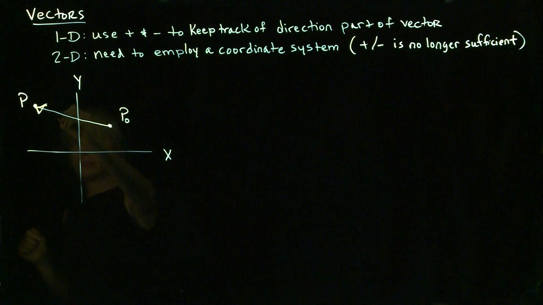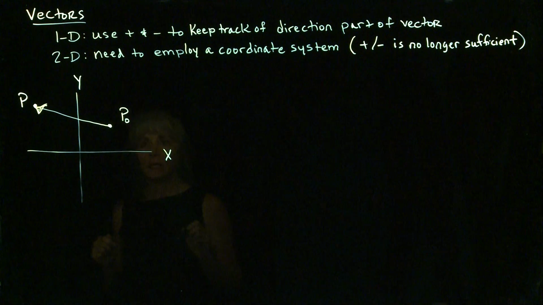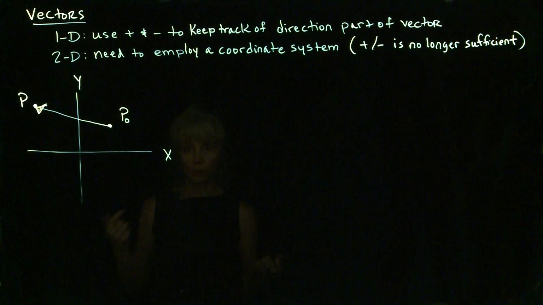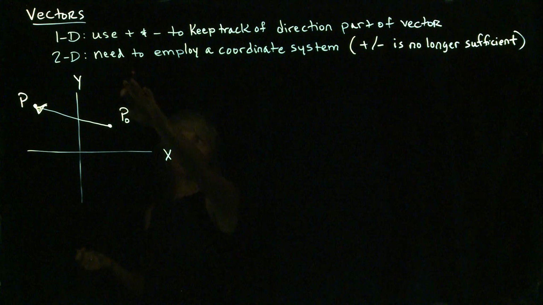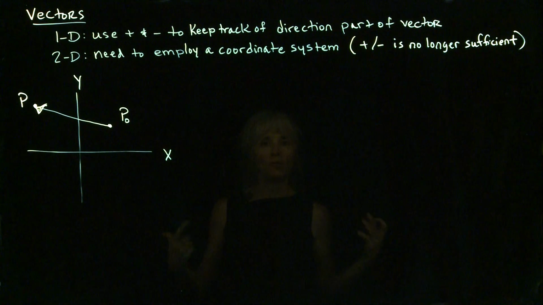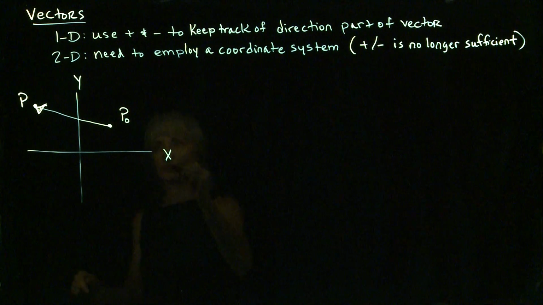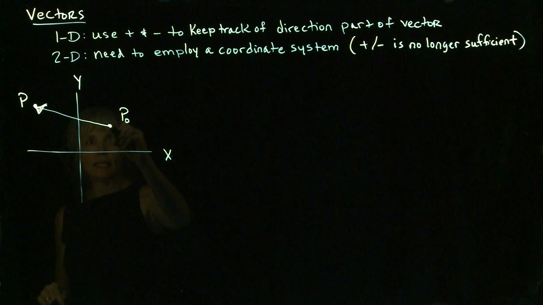Now let's see if we can figure out how to express it in terms of our coordinate system. We need a coordinate system. So in two dimensions, we must have a coordinate system to be able to specify the vector nature completely, the direction part. So let's look at P naught.